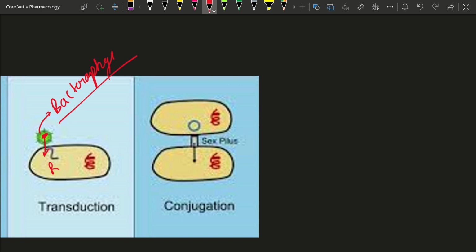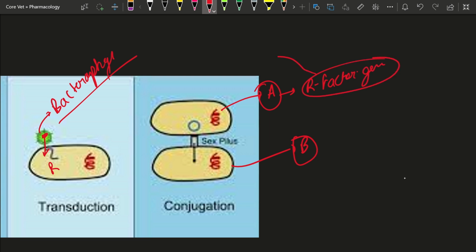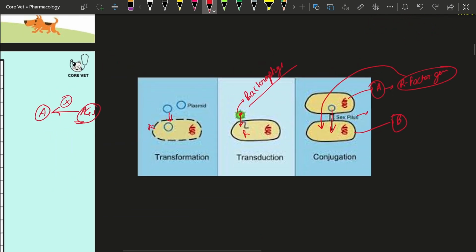What does conjugation mean? Say this is A and this is B, bacteria A and bacteria B. Bacteria A has a certain resistance factor. This resistance factor gene is transferred to bacteria B via a sex pilus. The sex pilus allows the resistance factor to be transferred to bacteria B. That's what conjugation means.